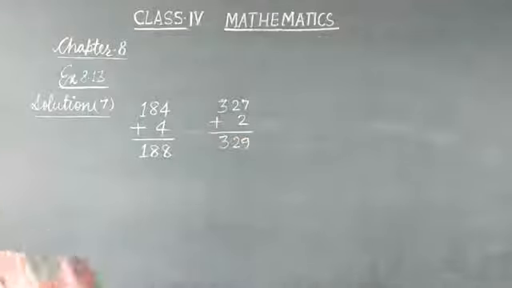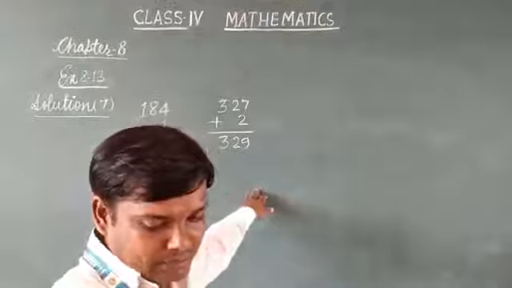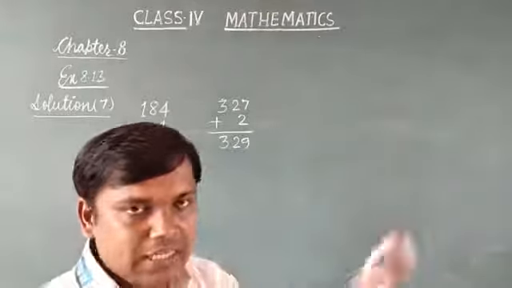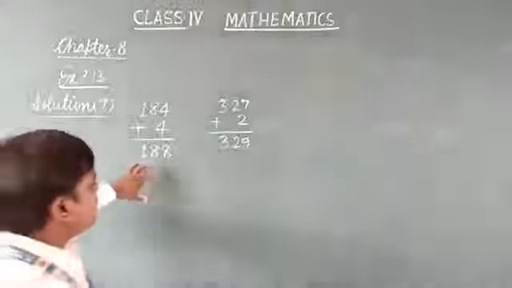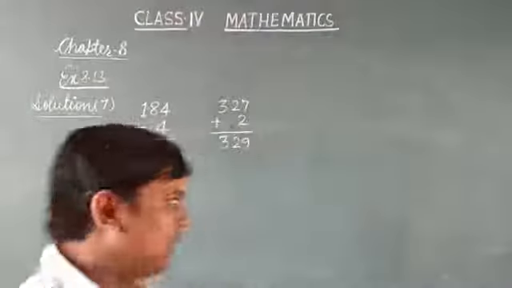Now we have to calculate the number which divides these two numbers. So to get the number which divides these two numbers exactly, we will find the HCF of the numbers.